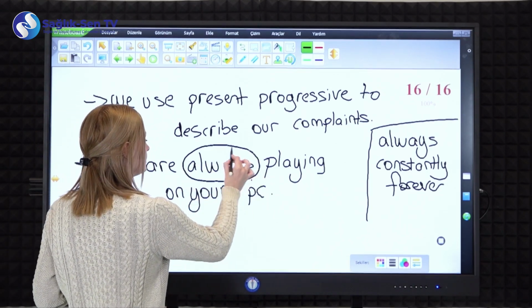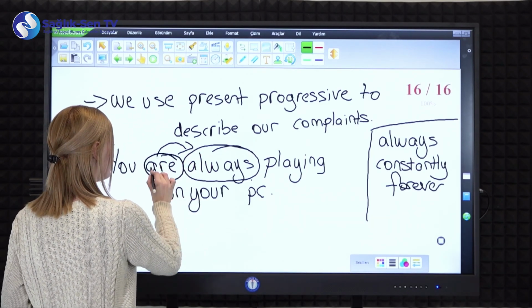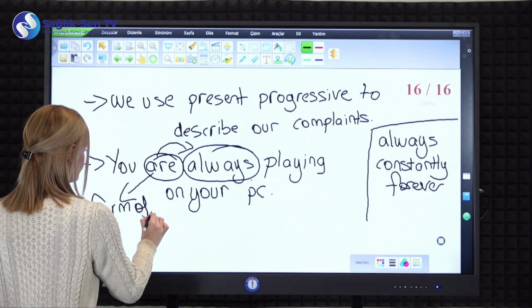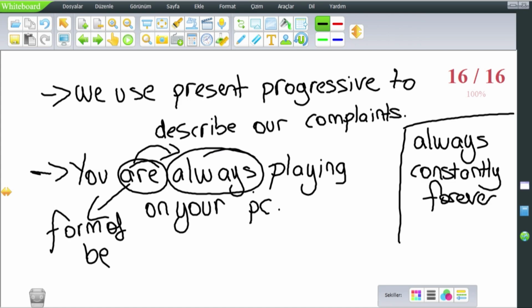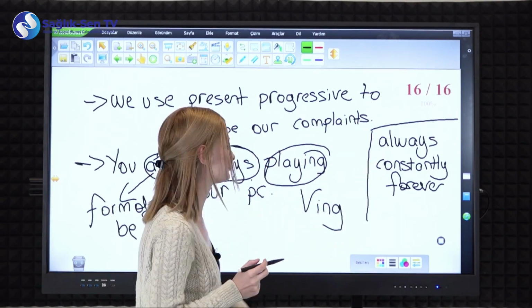I used always after my form of be and before my verb ing. As I said, this is an exception, bu bir istisna. Normally, we use always with present simple tense, and that's the only usage in present continuous of always.